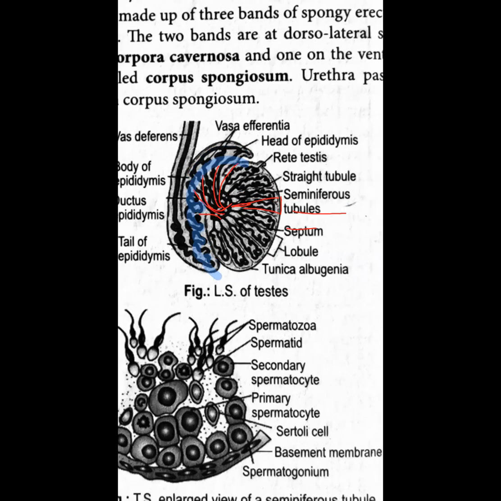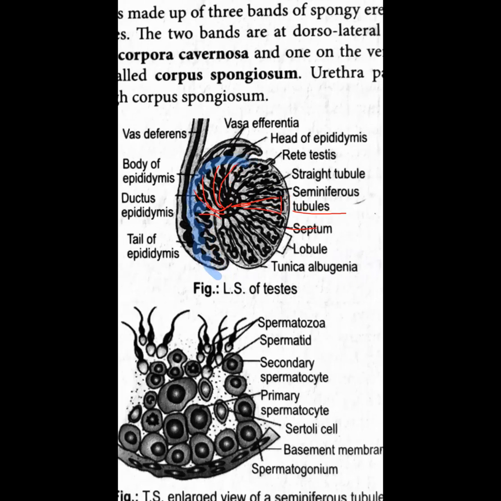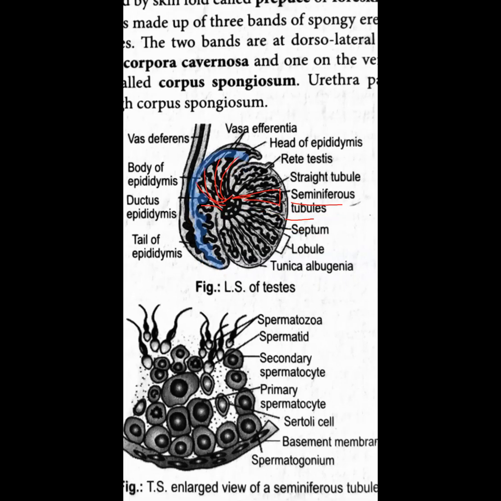Everyone, are you able to understand? This is the posterior region of the epididymis, the middle part of the epididymis, and the anterior part of the epididymis. The epididymis looks like a flat structure on the testis.